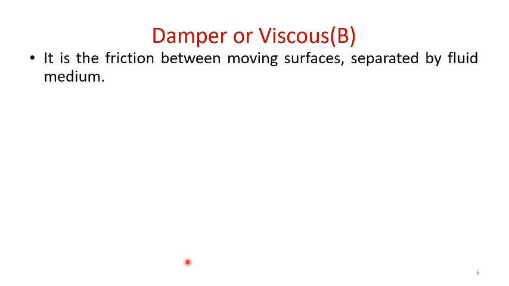Next we will talk about the element that is the damper, or viscous element, which sometimes we call friction. So what is a damper? It is a friction between moving surfaces separated by a fluid medium, or any viscous medium.